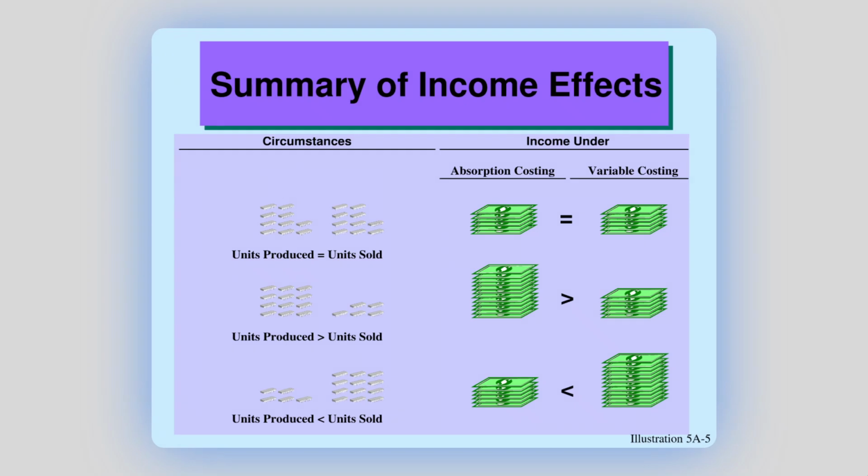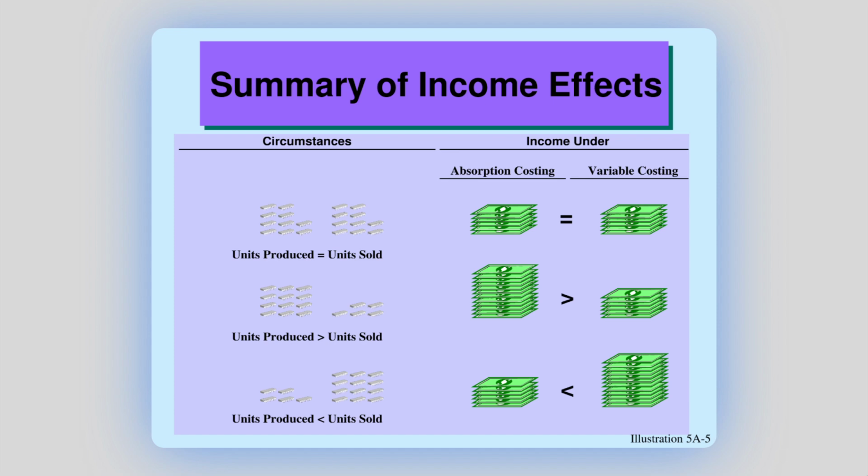How do we know when absorption is greater than variable? If the units produced are the same as the units sold, of course, there is no difference. Absorption costing is equal to variable costing, because we defer nothing to inventory. How about if the units produced are more than the units sold?